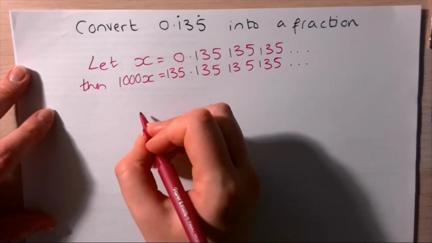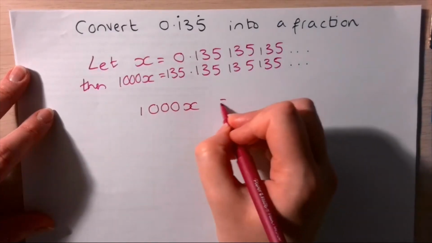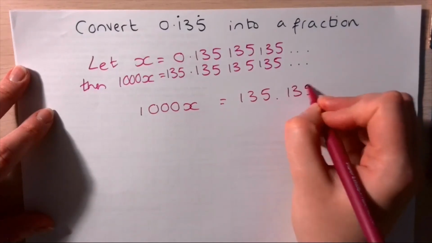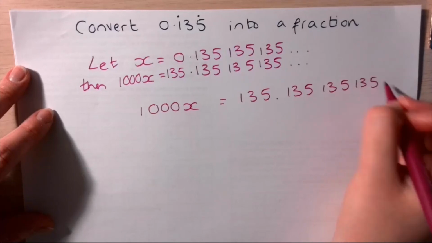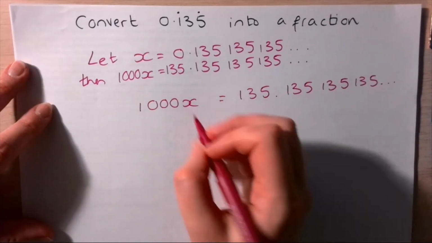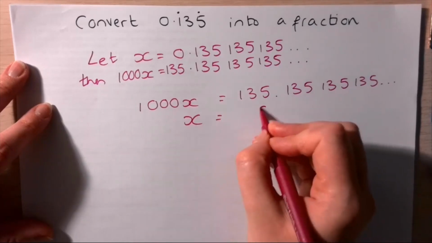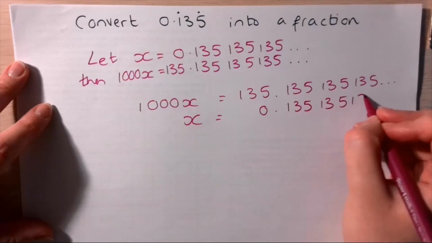Then we can write that out to do the full calculation of that subtraction. So 1000x equals 135.135 recurring, and then below that, x equals 0.135 recurring.